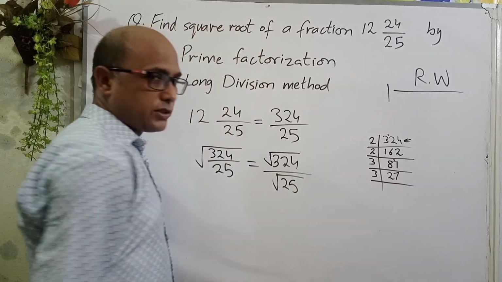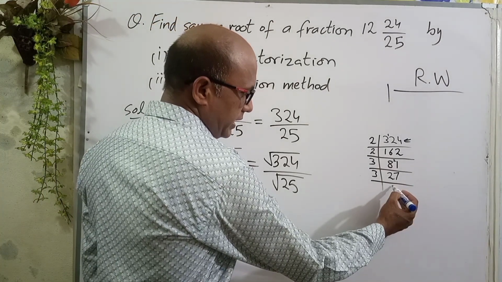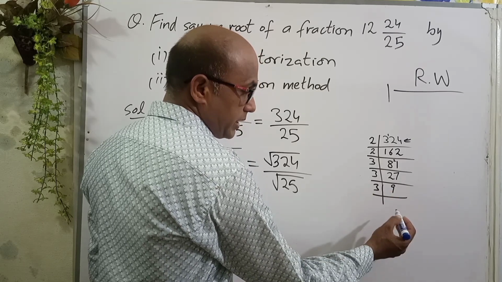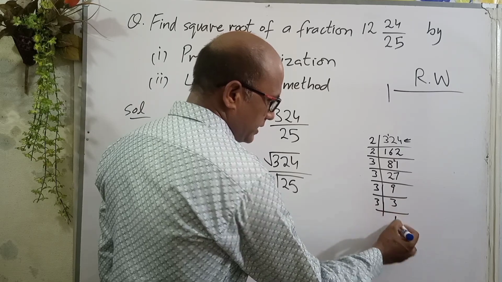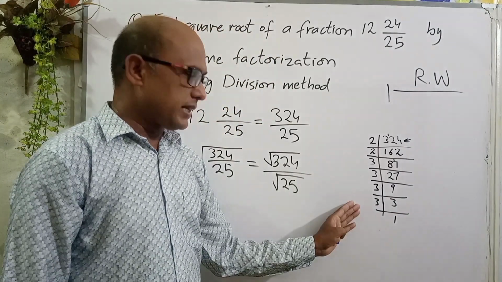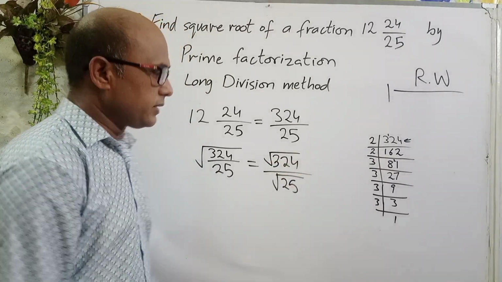Now 27 is also divisible by 3, students. So 3 9s are 27. Again it is divisible by 3. 3 3s are 9, and 3 1s are 3. So prime factorization is completed for this number 324.